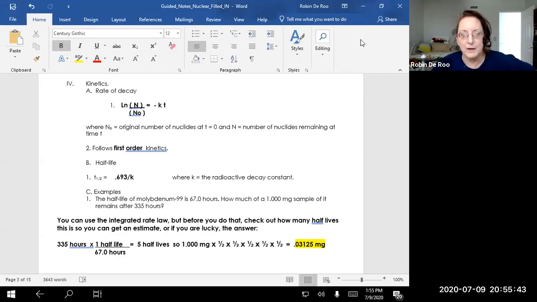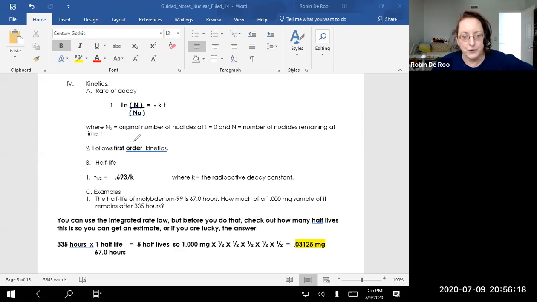We're going to talk about nuclear kinetics. Nuclear decay always follows first order kinetics. That means that, for example, we could use the integrated rate law, where N sub 0 is the original number of nuclides at time 0, and N is the number of nuclides remaining at time t.